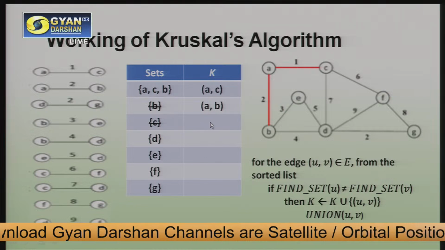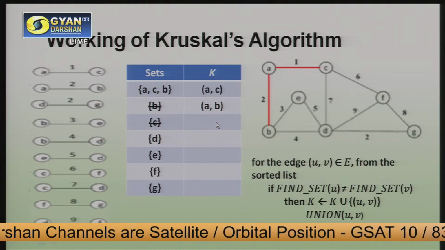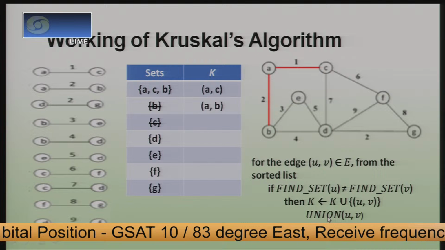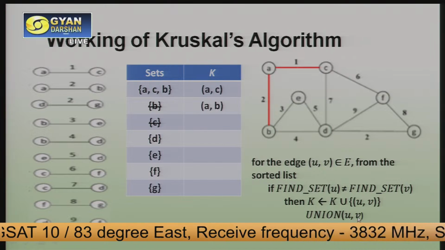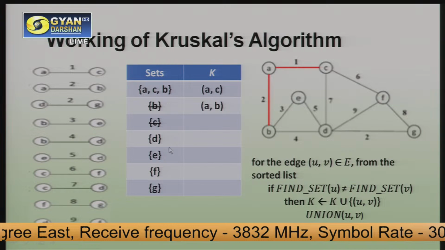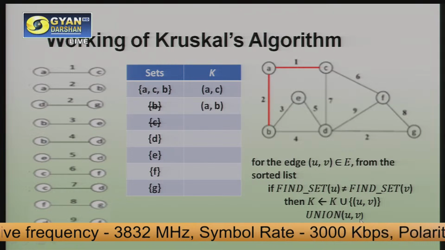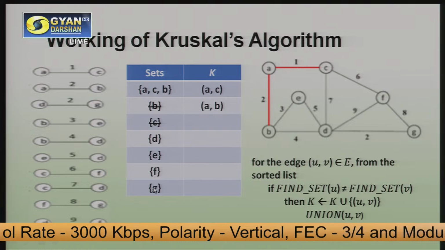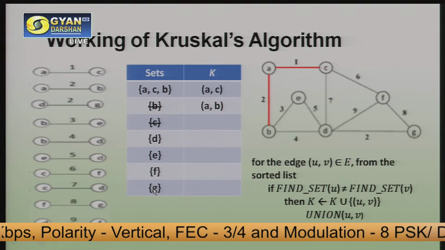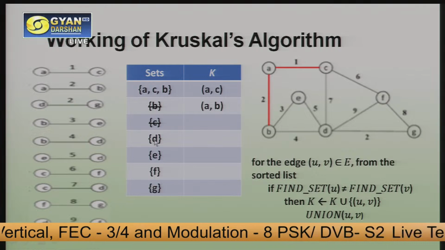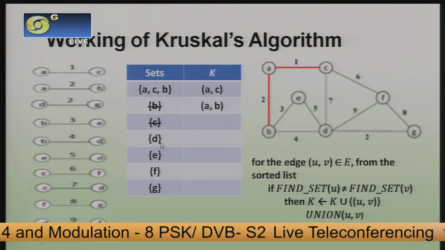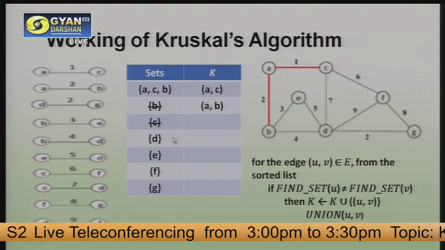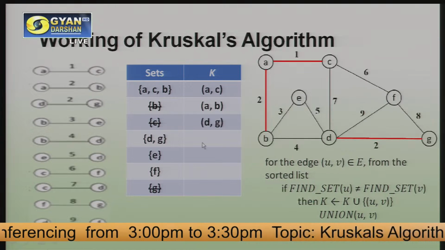So we will add DG in this list after the union operation, and we will find the union of D comma G, the set belonging to D and the set belonging to G. The set belonging to D is D, and the set belonging to G is set G. So we will be finding the union of these two sets, which will be D comma G. So this is what the graph will become.